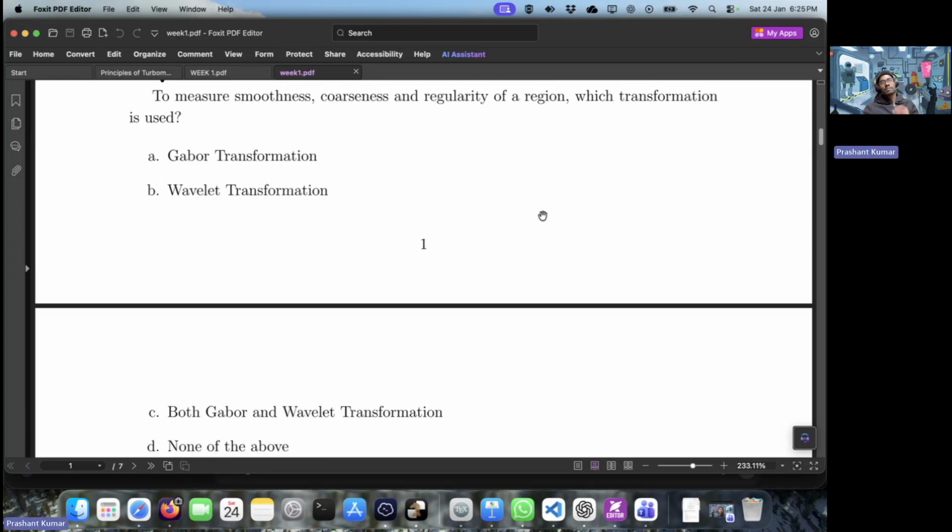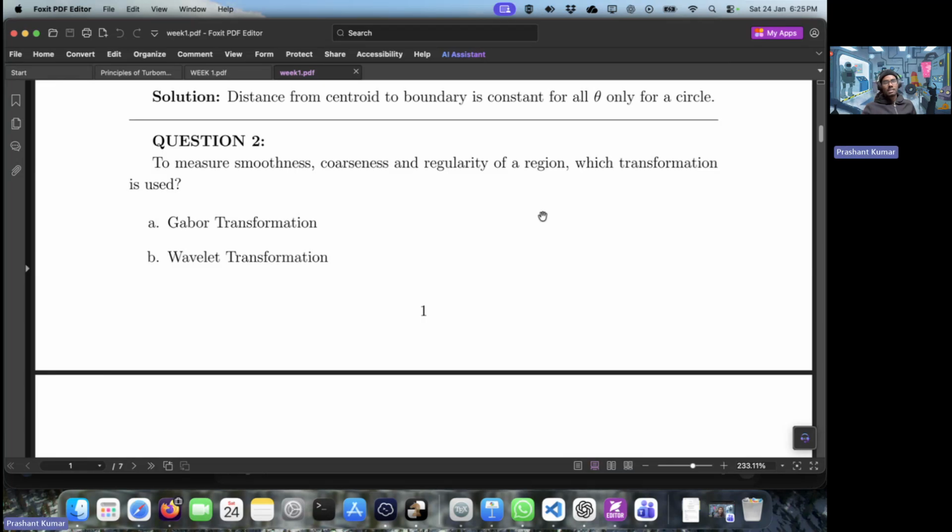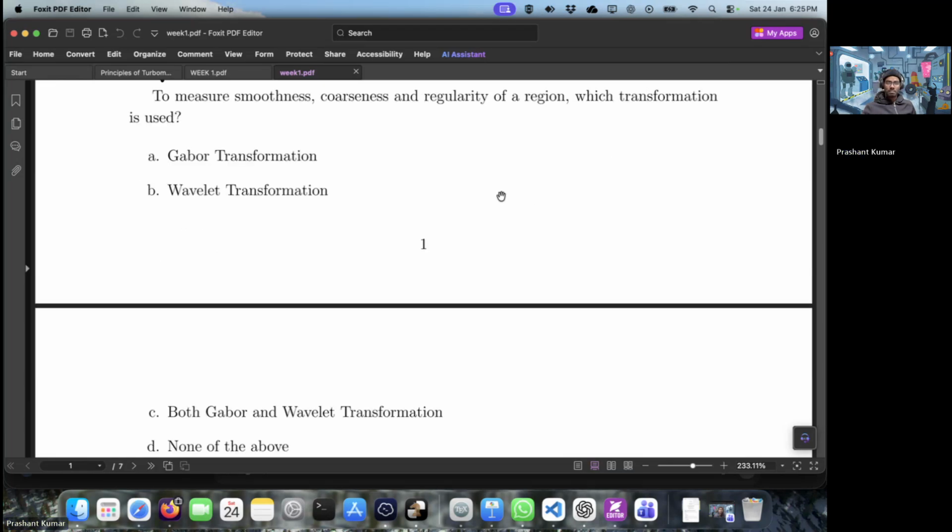The question is: to measure smoothness, coarseness, and regularity of the region, which transformation is used? There are different methods, but definitely you use the wavelet transform.